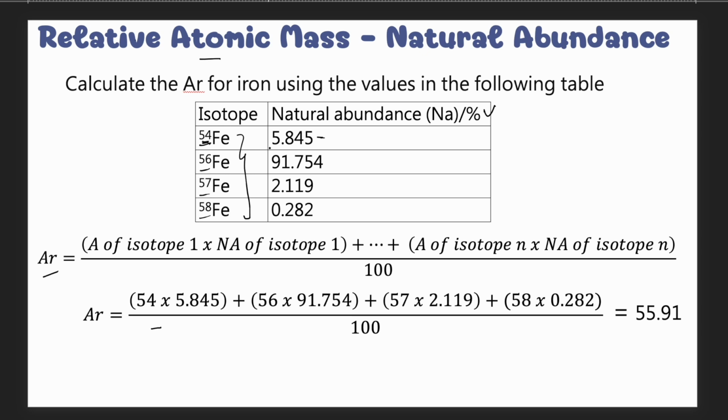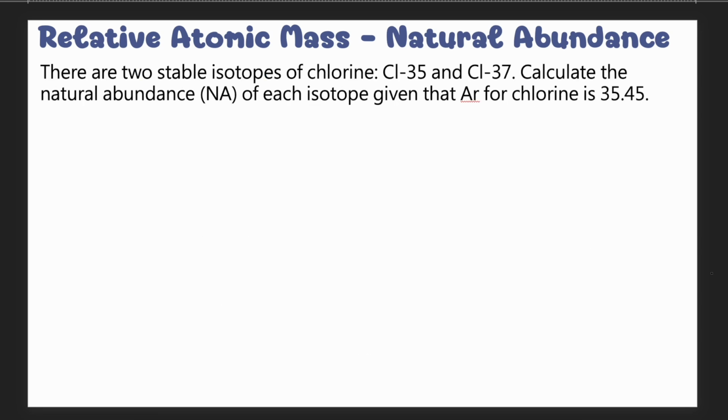So 54 times 5.845 plus 56 times this, 57 times this, and 58 times this one, divided by 100 because it's a percentage; the total is like 100 atoms. So the relative atomic mass of Fe is 55.91, because it has 4 isotopes with masses 54, 56, 57, and 58.